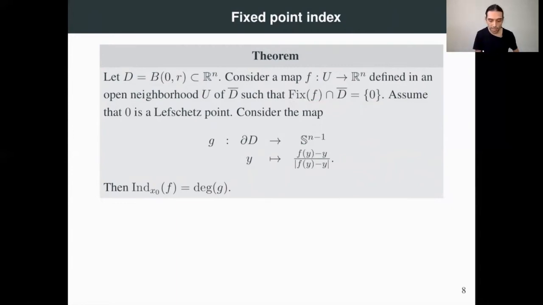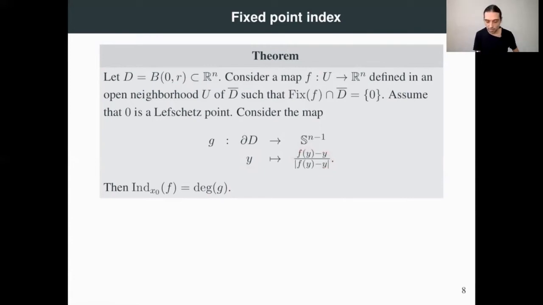Assume, furthermore, that the origin is a Lefschetz point, and we consider the map from the boundary of the ball to S^(n-1), defined in the following way: y is sent to (F(y) - y) divided by its norm.